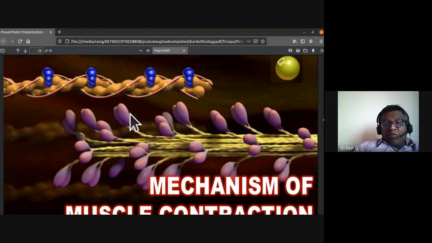In the heavy meromyosin you can notice the head region and a short arm, and the tail region is the light meromyosin. They are projected above. These meromyosins have an actin binding site as well as an ATP binding site, and they are made up of this ATPase enzyme.